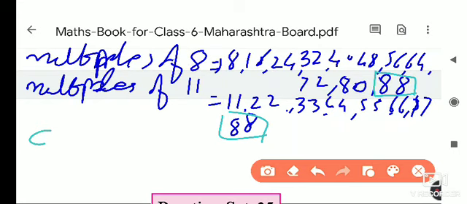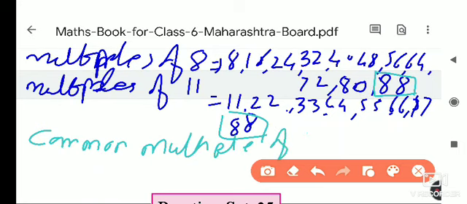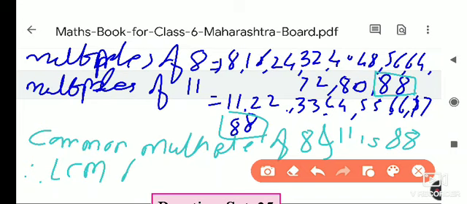So the common multiple of 8 and 11 is 88, and therefore the LCM of 8 and 11 is 88. In that way we have to solve the examples.